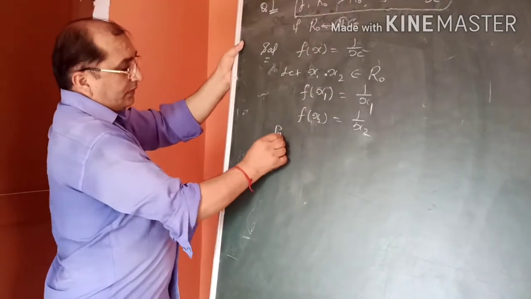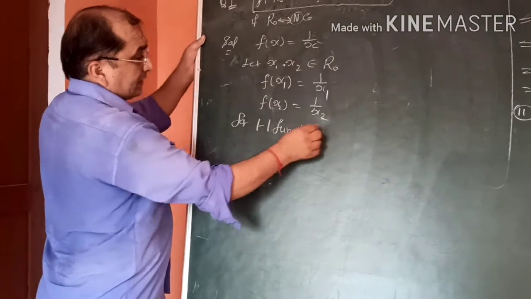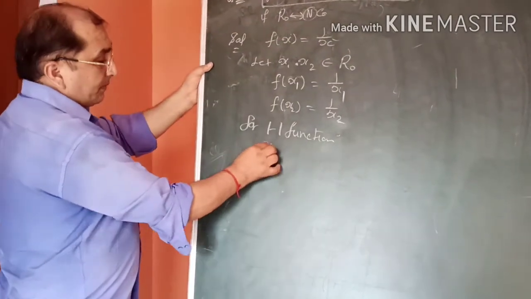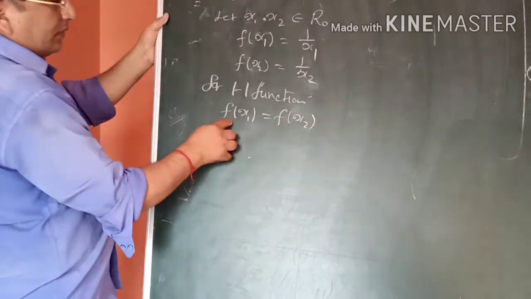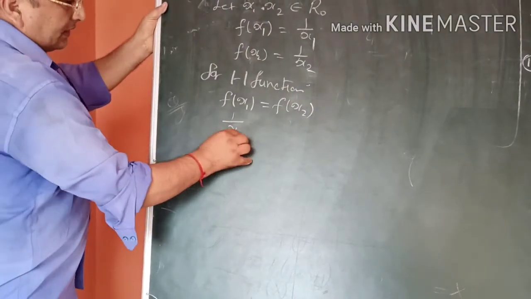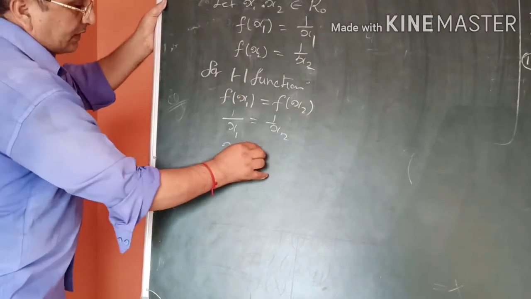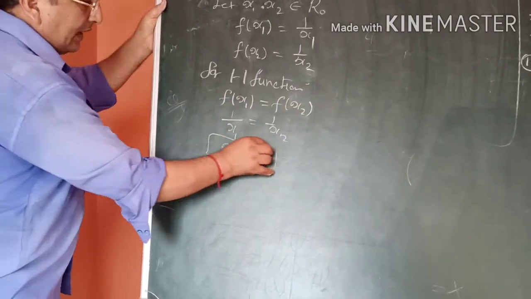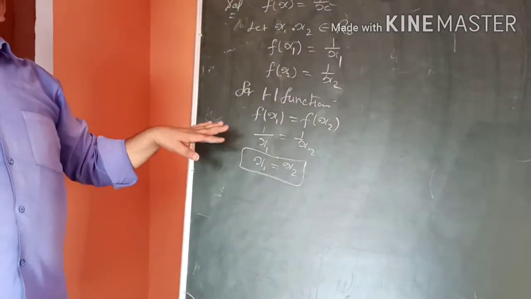For a one-one function, f of x1 will equal f of x2, so 1 upon x1 equals 1 upon x2. Cross multiplication gives x1 equal to x2.